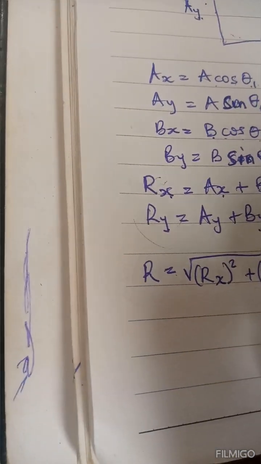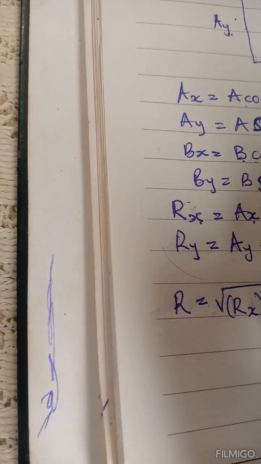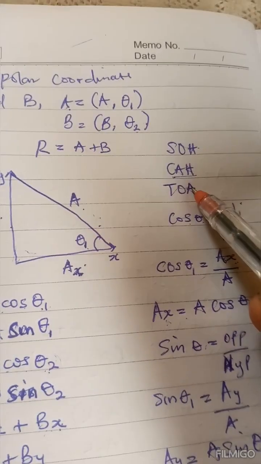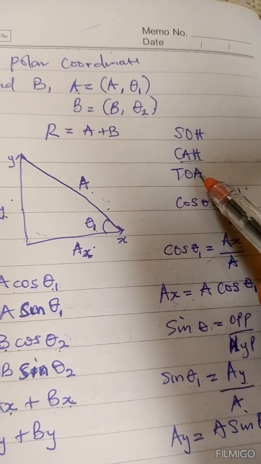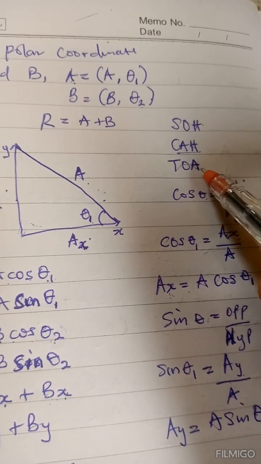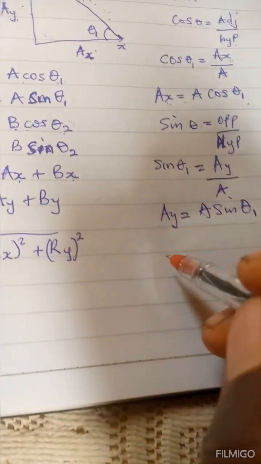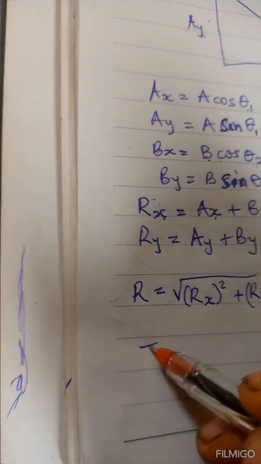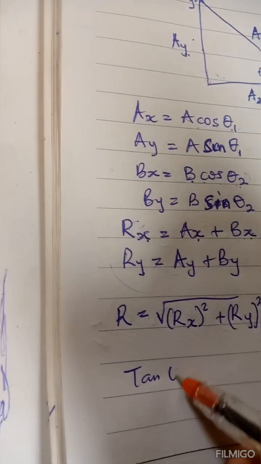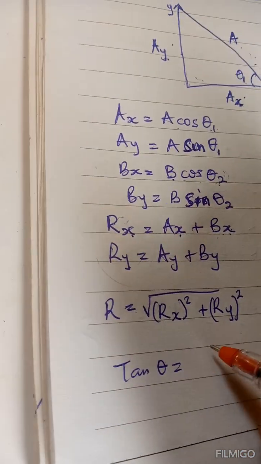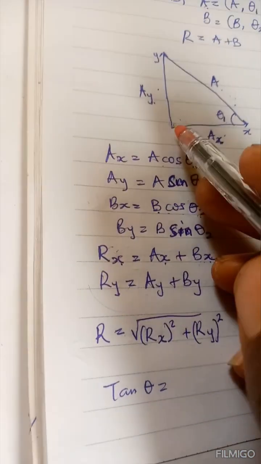I use my TOA. I go back to my trigonometric function, TOA: tan theta equals opposite over adjacent.